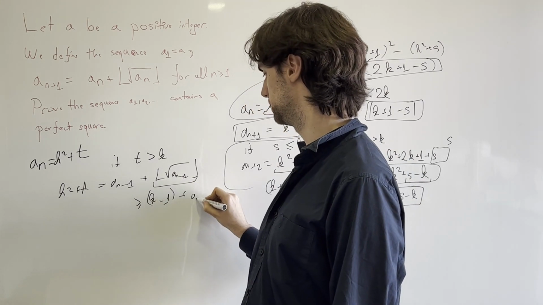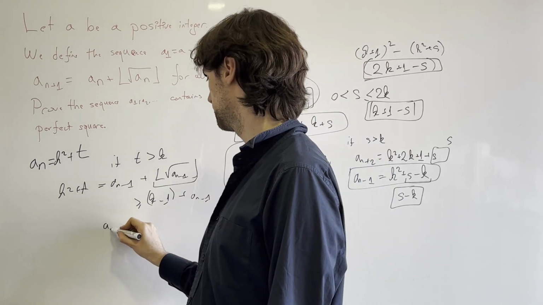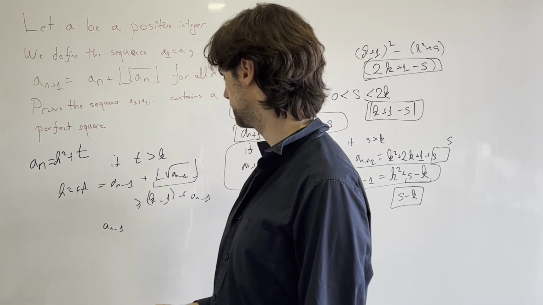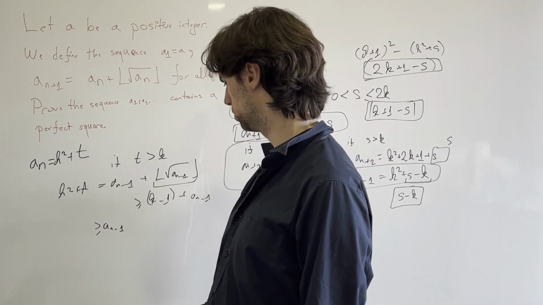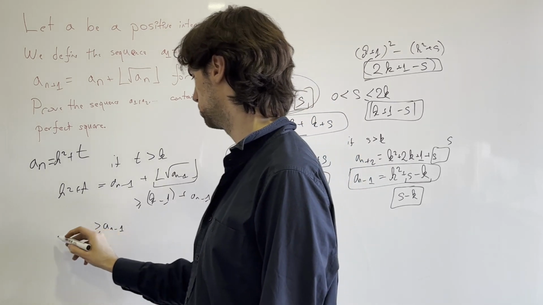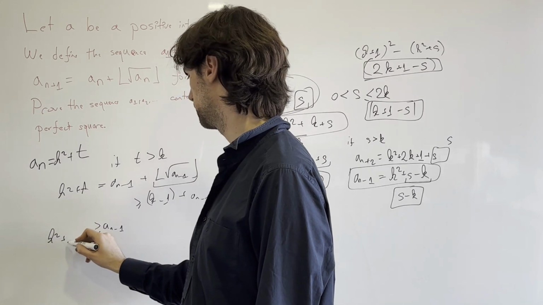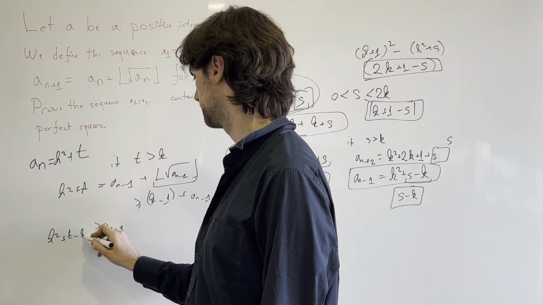And then we have this plus a_{n-1}. So a_{n-1} is going to be less than or equal to k squared plus t minus k plus 1.